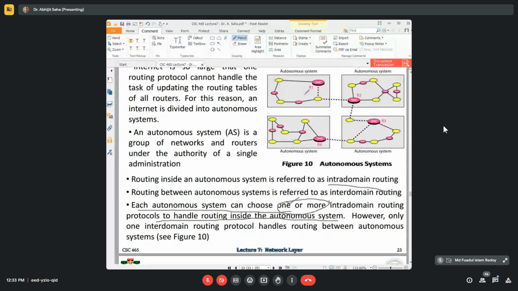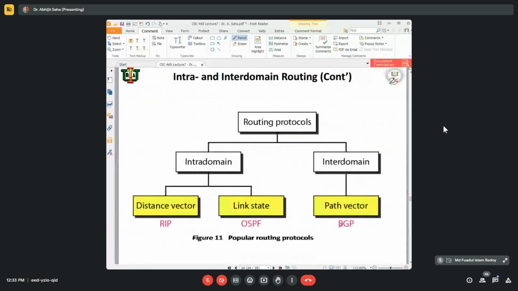But for making the connections between the autonomous systems, we use the interdomain routing. In interdomain routing, we use only a single routing protocol, and that is BGP. So if we are using the internet, we are actually using BGP, the interdomain part.